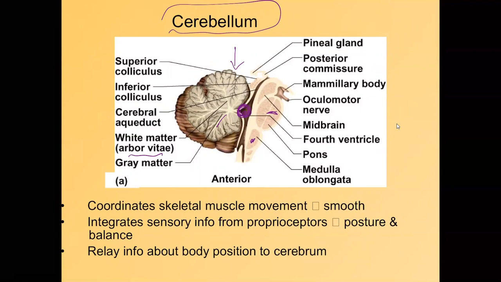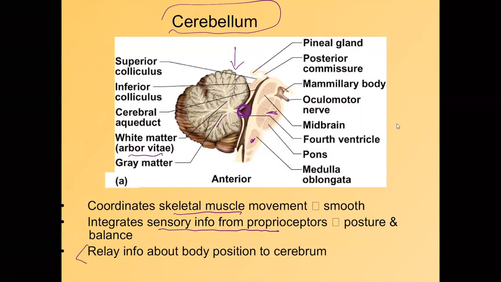Up here's the midbrain. Now the cerebellum is going to integrate sensory information from receptors in your body, and that's going to help you control your skeletal muscle movement and keep you upright and balanced. So it's taking information that's coming in about where you are in space and helping you control your body so you don't fall over.